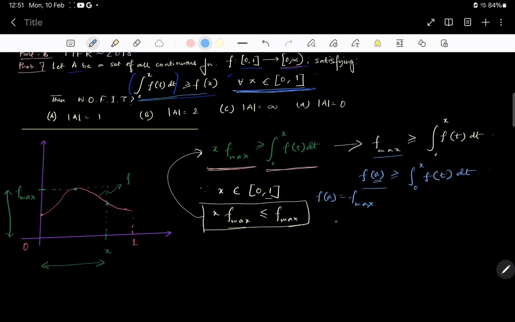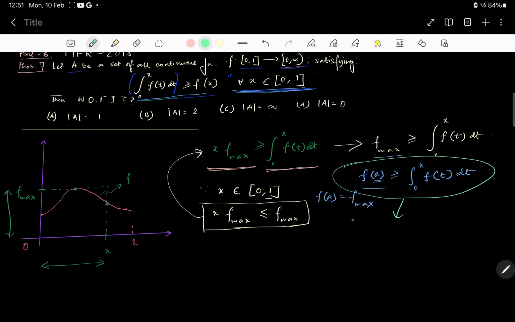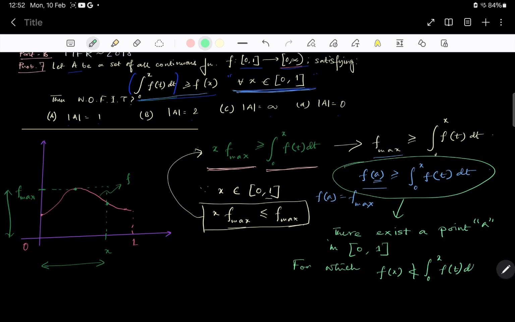But from here we have found that there exists a point a in 0 to 1 for which f of x is not less than the integral from 0 to x of f(t) dt.